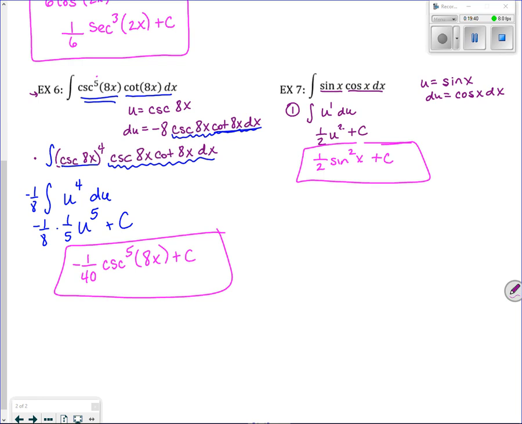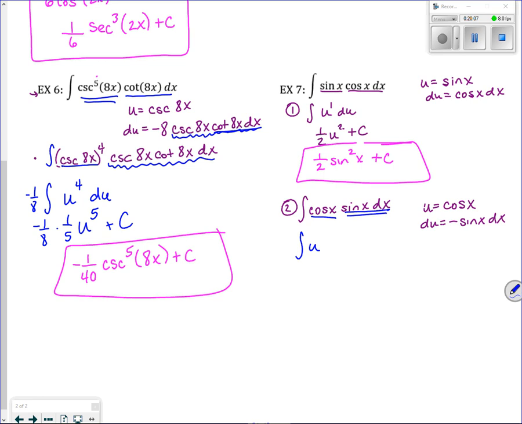But somebody else could go, no. I let my u be cosine of x, so that my du was negative sine of x dx. So when I looked at that problem, I just kind of switched them in a way. So I replaced this cosine with u.